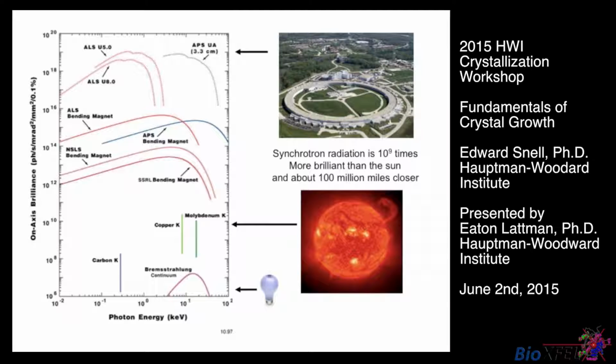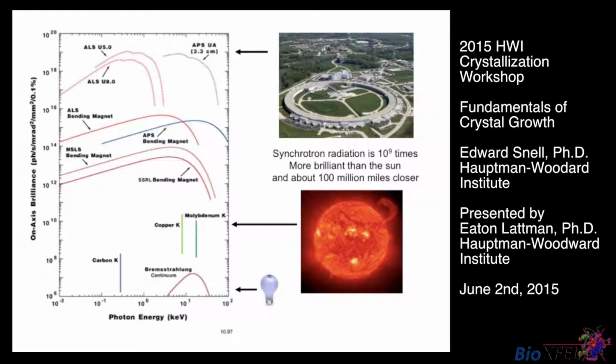The intensity that one can get from these synchrotron sources is actually amazing. This is a diagram which shows photon energy in electron volts. The ones we use for crystallography are on the order of 10 keV, typically along here.